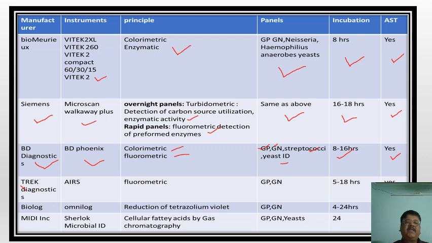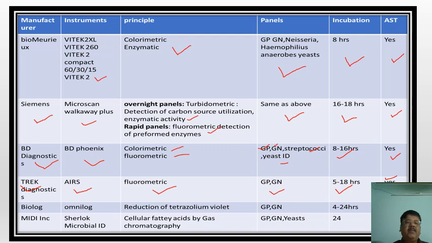Then TREK Diagnostics, the instrument available is Sensititre ARIS, which utilizes the fluorometric mechanism, and the panels available are gram positive and gram negative. The detection incubation is 5 to 18 hours, and it can even be used for antimicrobial susceptibility testing.